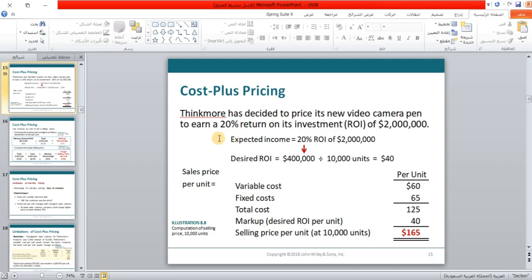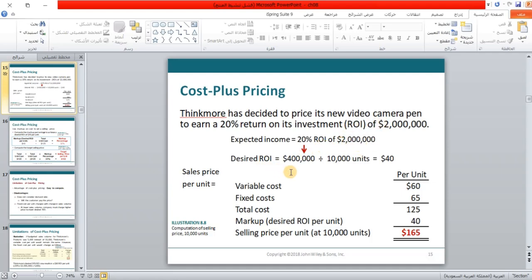Syncmore has decided to price its new video camera bin to earn a 20% return on its investments. Investments of 2 million. Expected income equals required rate of return 20% times investments 2 million.